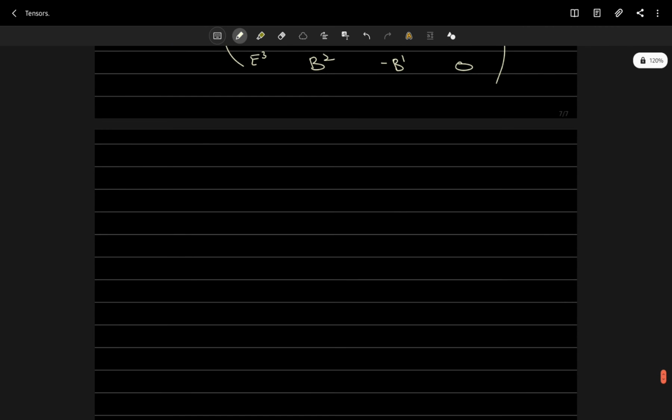Then we have this equation, partial mu F mu nu, and we have derived all of these equations in our series on relativistic electrodynamics in tensor notation, right? There I have talked about the field strength tensor, even the dual field strength tensor, and a lot of things. Well, this thing is equal to J nu, right?